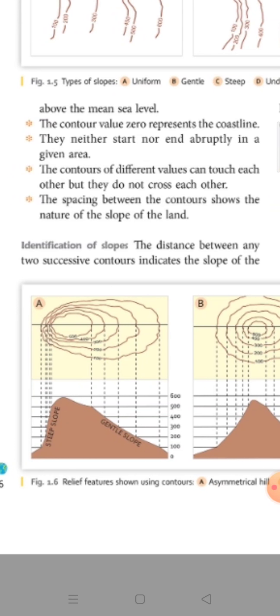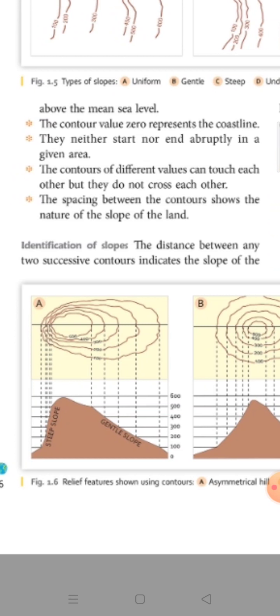The coastline is represented as 0. Then they neither start nor end abruptly in a given area. The contours of different values can touch each other, but they do not cross each other. They can touch, but they cannot cross each other.